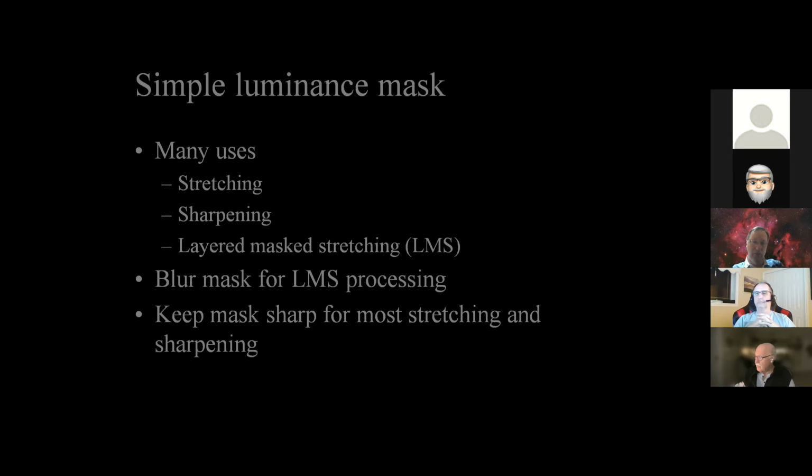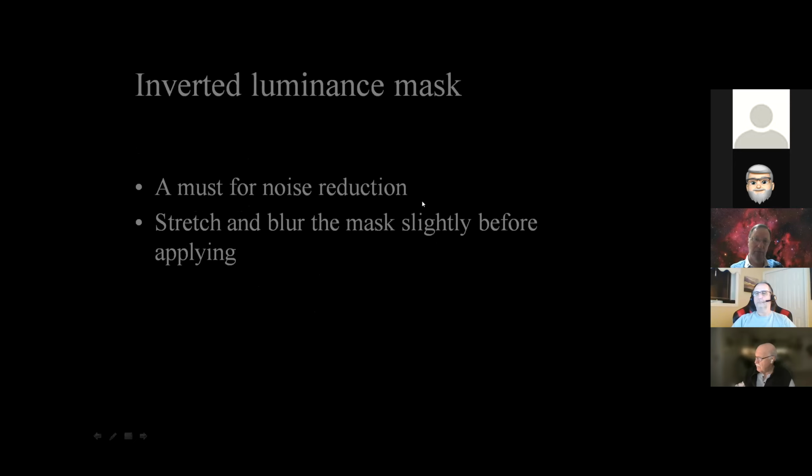You tend to blur the mask for LMS processing, and you keep the mask sharp for most stretching and sharpening. When you do noise reduction, we use an inverted version of the Luminance Mask, and then sometimes it's quite useful to blur it just a little bit. So that's, as I said, an inverted Luminance Mask.